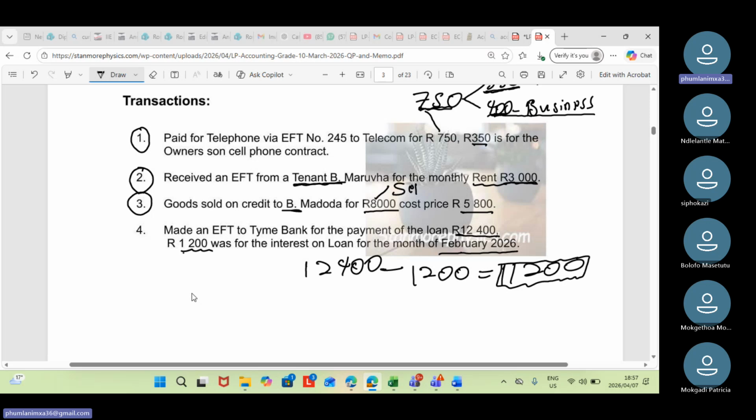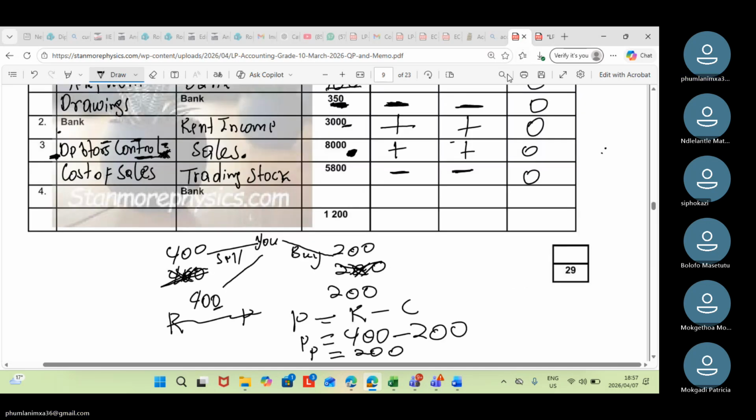So this 12,400 is strictly only for the loan. The 1,200 is separated as interest on loan. So let's firstly deal with the 12,400, the repayment of loan.